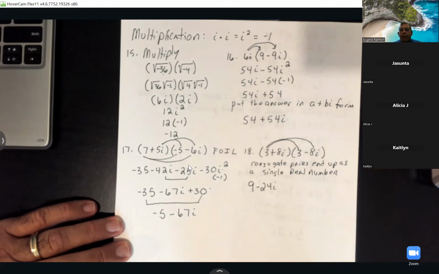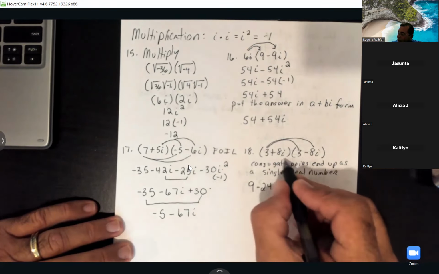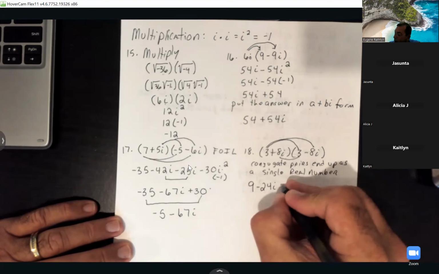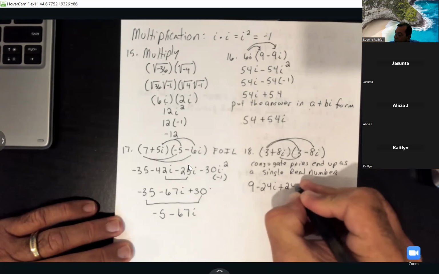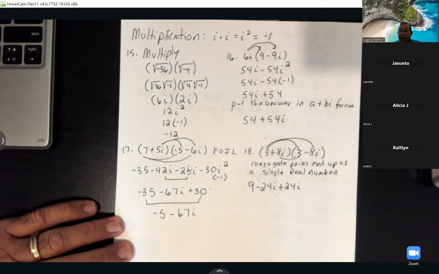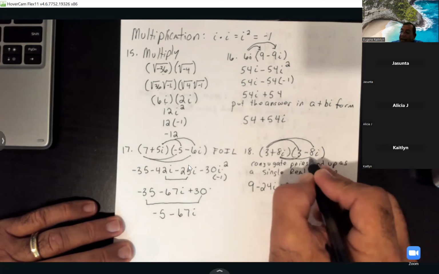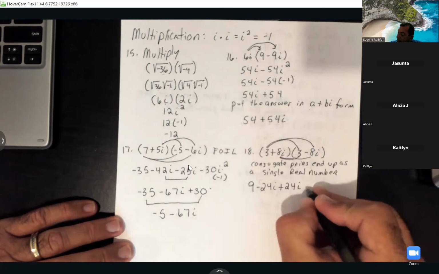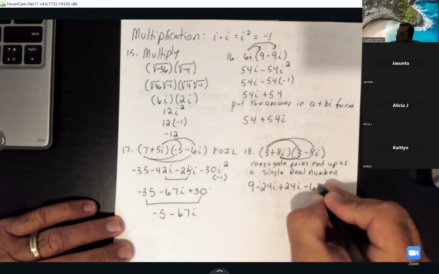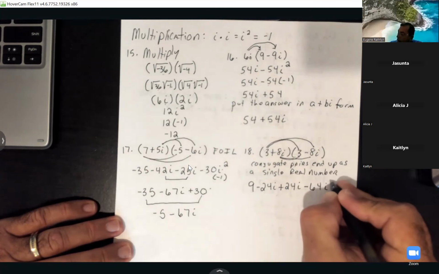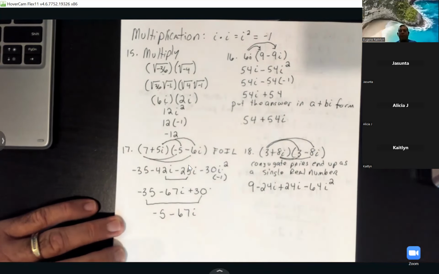All right, then we foil the inside. 8i times 3 gives me a positive 24i. And y'all, finally, that 8i times that negative 8i gives me a negative 64i squared.